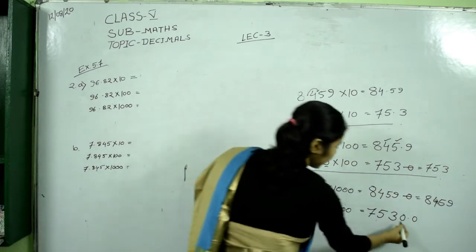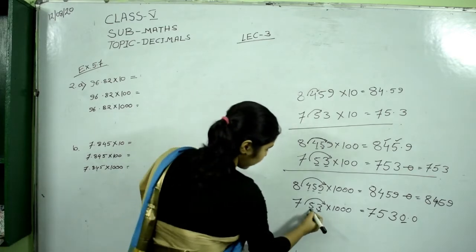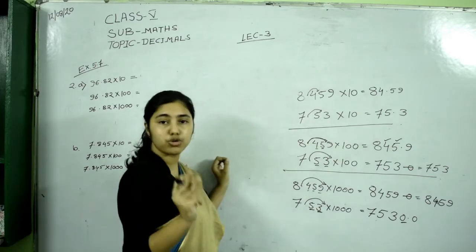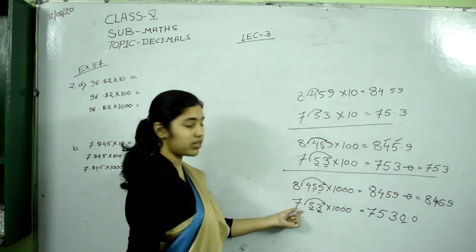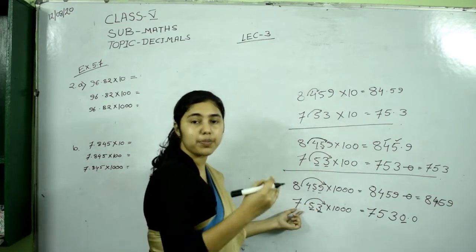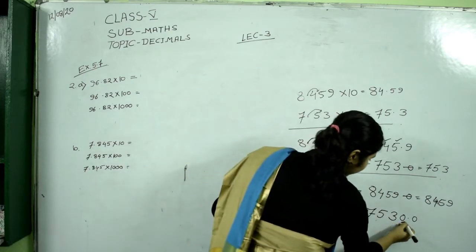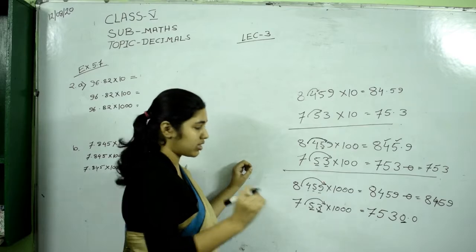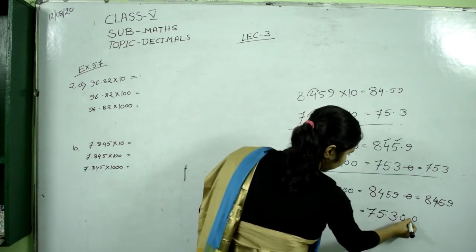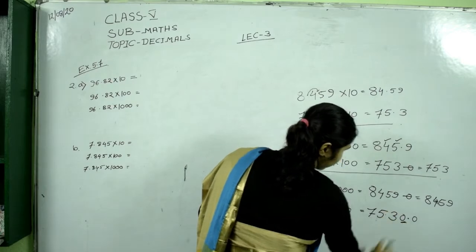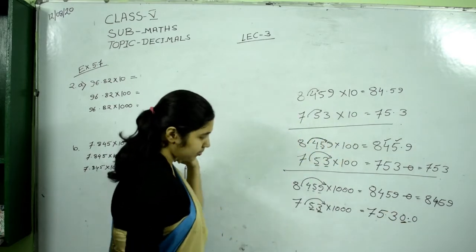Consider one extra 0. Why? Because here we have only two digits, but we have to shift this point three decimal places to the right. That's why we are taking 1 extra 0. So 1's place, 2 place, and then add three decimal places.